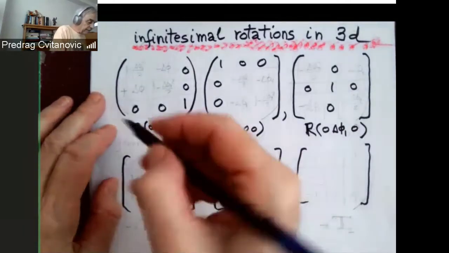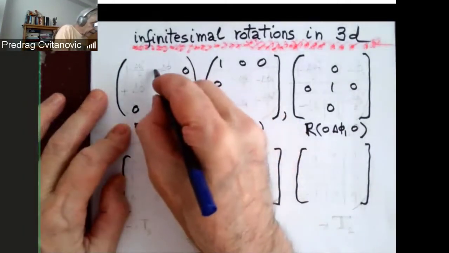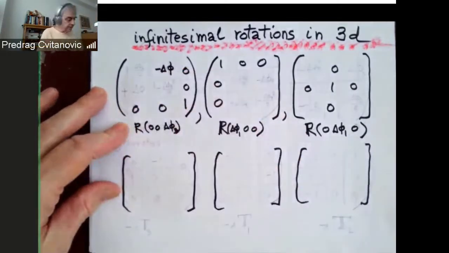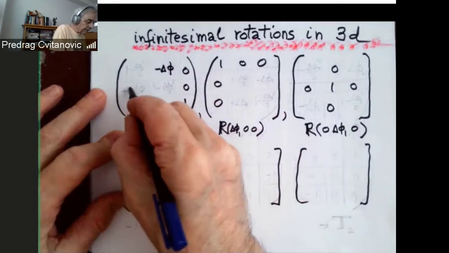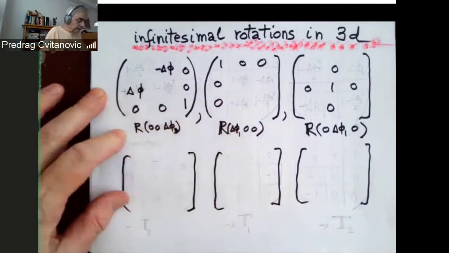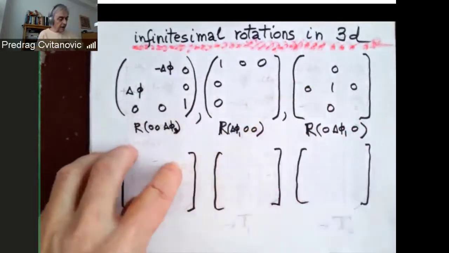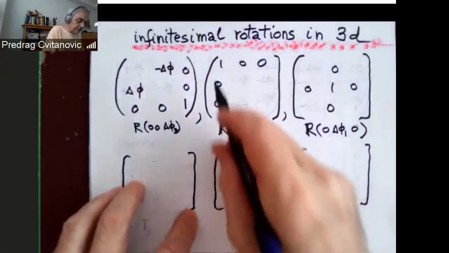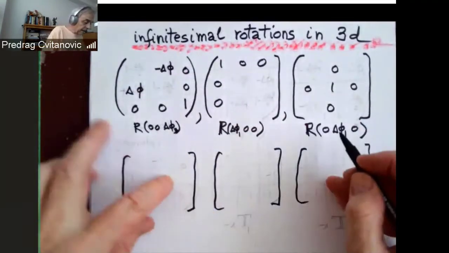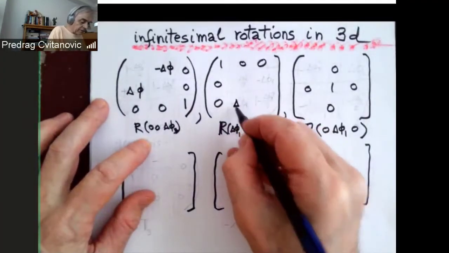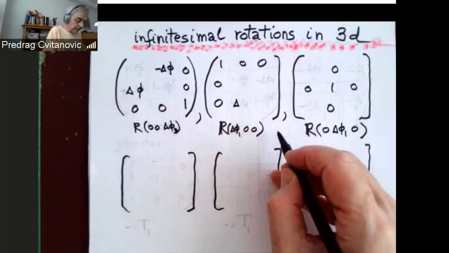And if I fill them in, I'll get the usual thing of the sine, only the leading term survives. There is nothing happening around the axis of rotation, so there is 1 and 0, 0, 0. And the same thing happens here as I rotate around the y-axis.